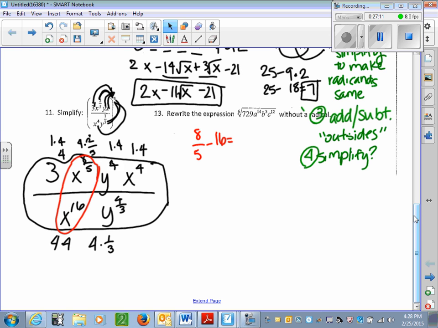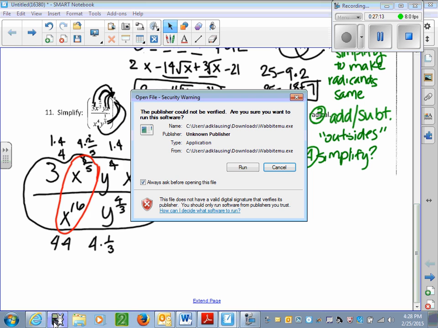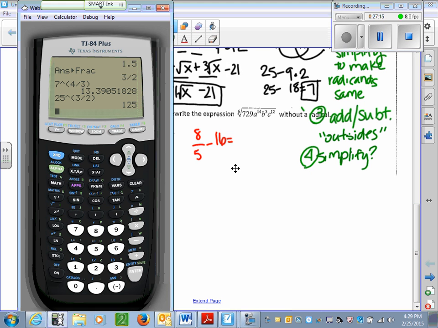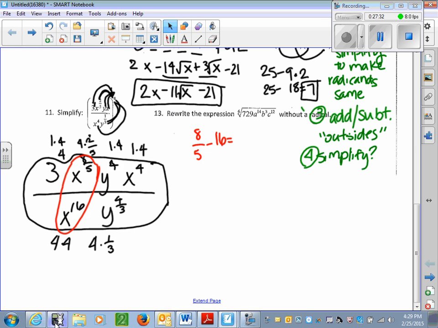I put in 8 divided by 5, and it's very important you use your parentheses, minus 16. It'll give me a decimal, and then I just math frac it. So math frac is number 1. Negative 72/5. We'll just leave that like that.